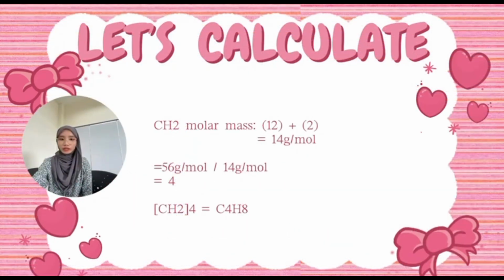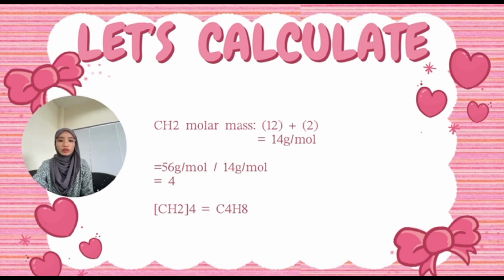So let's calculate together. CH2 molar mass is C has 12, we need to add H 1 multiplied by 2 and we got 14 gram per mole.